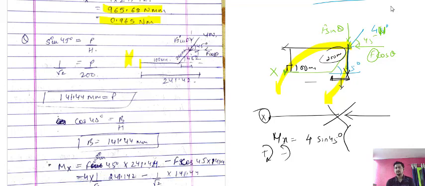So the base will be 141.44 mm. Now the base is this one. As we know, the force into perpendicular distance will use this distance plus this distance, so it will be 241.44 total distance.